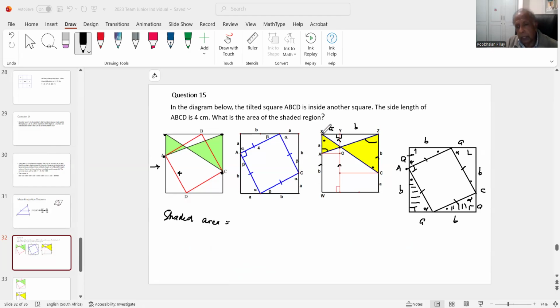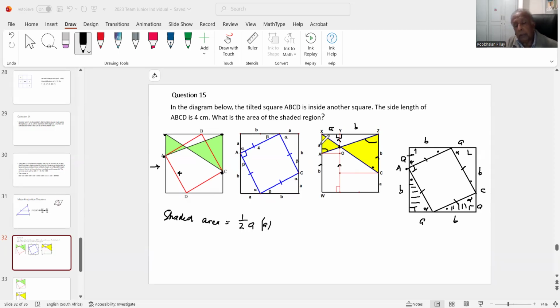Now watch very carefully. This triangle, what is its area? If I take this as base, it's half A, that's your base, times the height. The height will be the distance from this point here to this line, but that's exactly the same as that one. These two lines are parallel, you see. So the height is the same as that height.